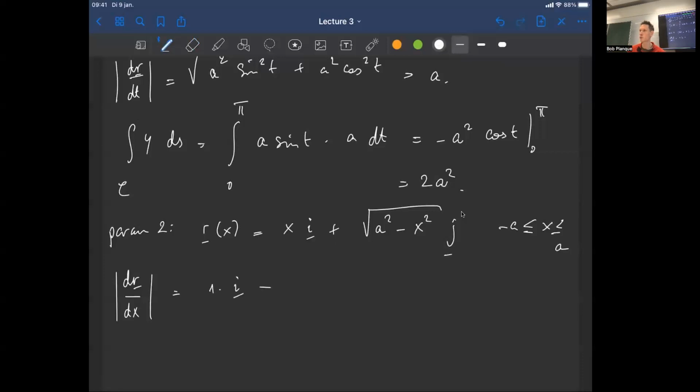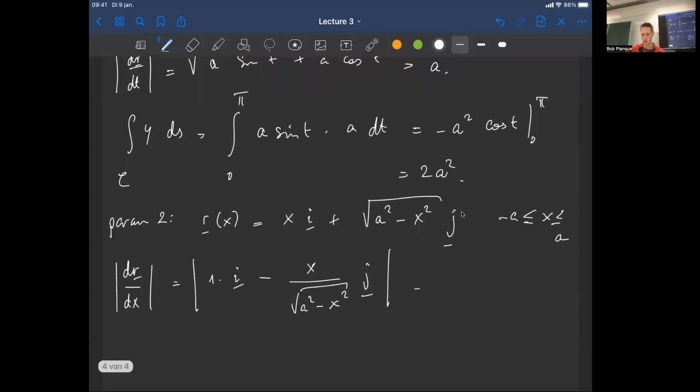And the derivative of y, which is the square root of a squared minus x squared, with respect to x, is minus x over this thing. And I have to square these different quantities, sum them and take the square root.